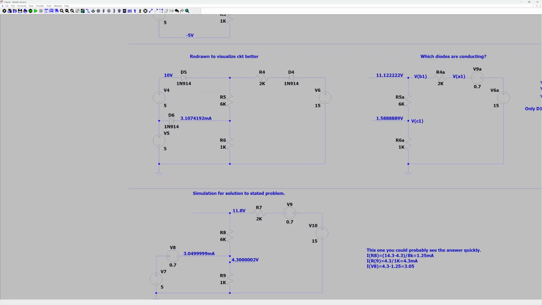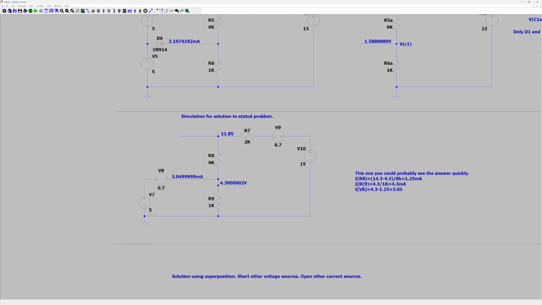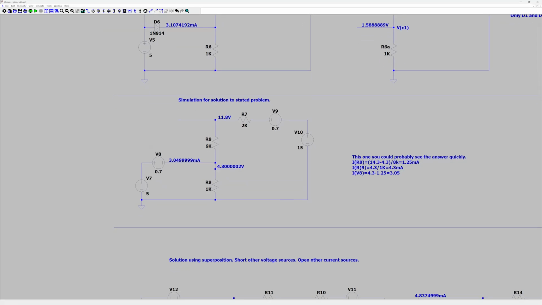So if you redraw this with the 0.7 volt drop as stated, then you get the right answer, 3.05. There must be some, within the accuracy of what the simulation does, that makes it come out with this answer.